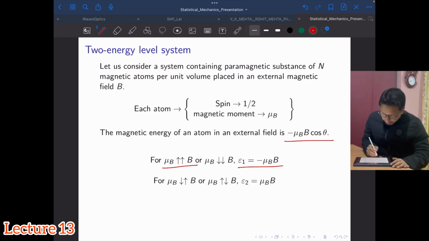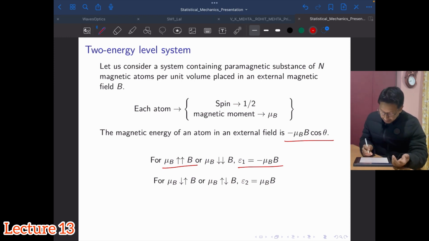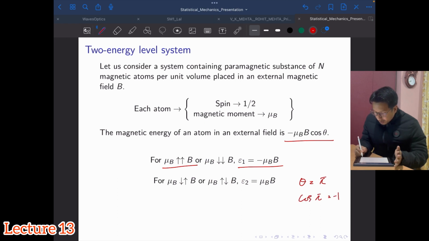Now for the anti-parallel case, where the magnetic moment and the applied magnetic field are anti-parallel, theta is pi, so cos pi gives you minus 1, and that minus 1 with the minus sign becomes plus 1, so we get mu b B.